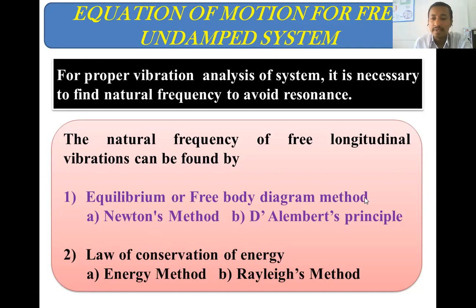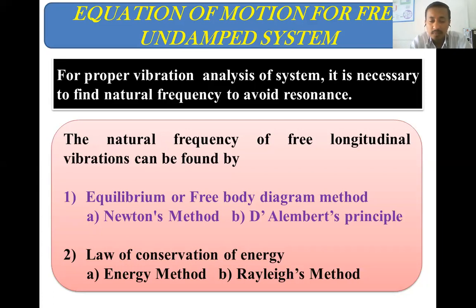उसके बाद D'Alembert principle. Already we know the D'Alembert principle. These two methods we are going to use to find the equation of motion. In detail we shall see in the next slides. The second method is based on the law of conservation of energy.